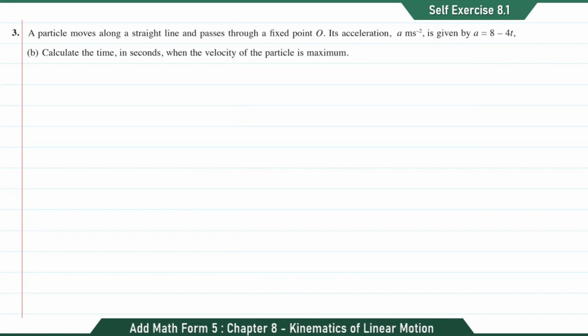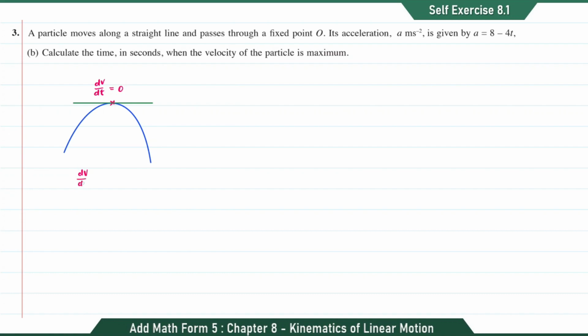Question (b). Calculate the time in seconds when the velocity of the particle is maximum. Let's say the parabola here represents the velocity. When the velocity is maximum, at the maximum point here, dv/dt is equal to 0.